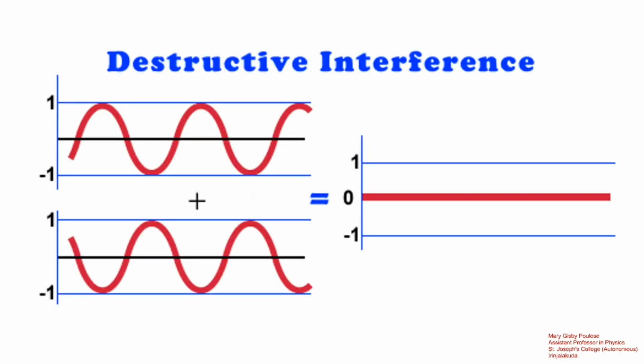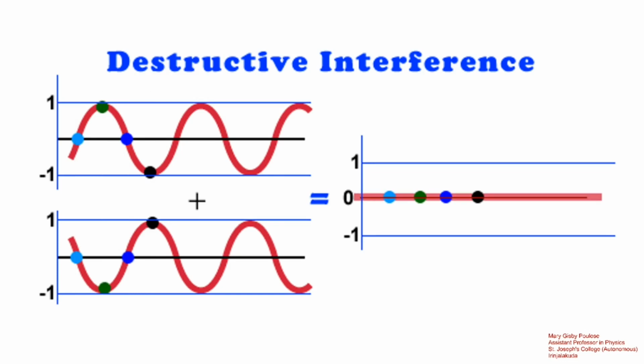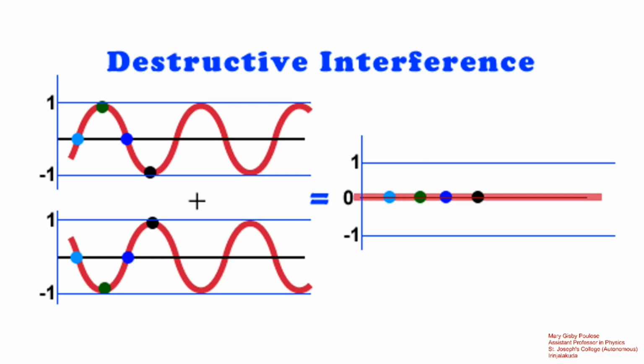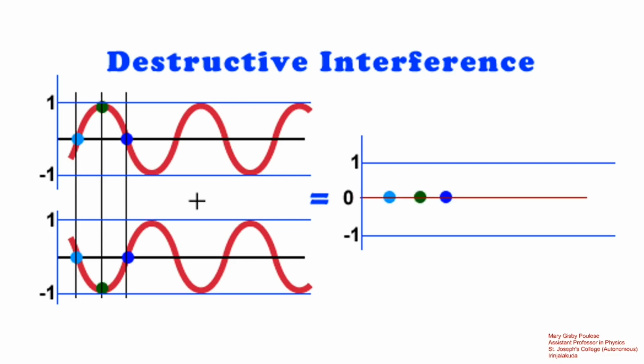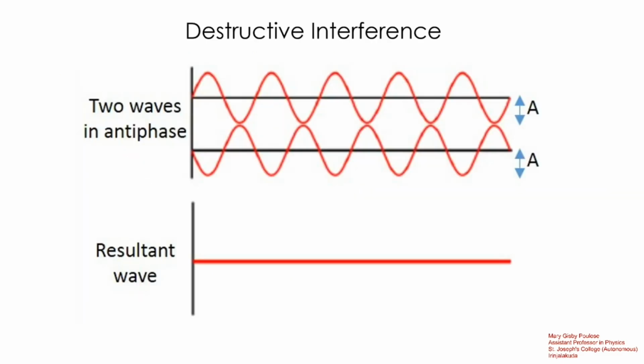Now in the next case, for destructive interference, here the trough meets the crest of the other wave, or the crest of one wave meets the trough of the other wave. So taking the resultant at each point, we can see all over the resultant wave, the displacement will be 0. So here, the interference of two waves in antiphase.